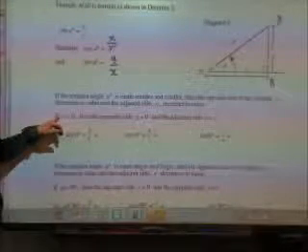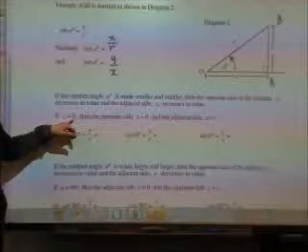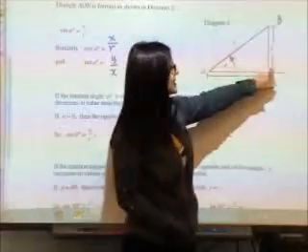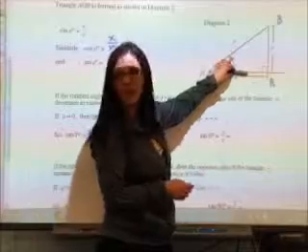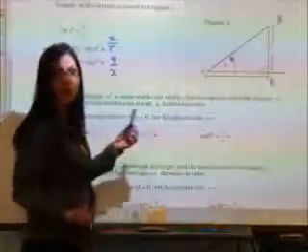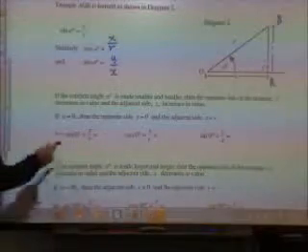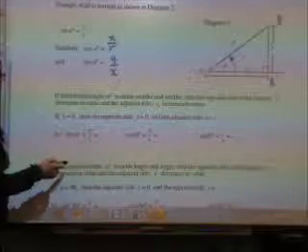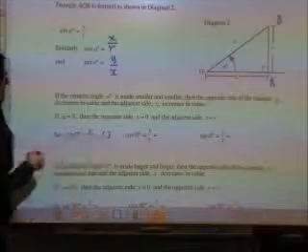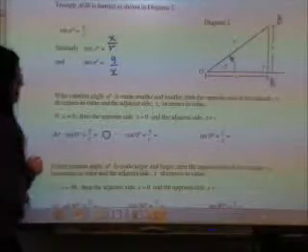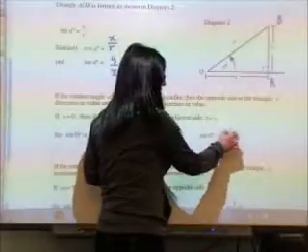So if A is equal to 0, then my opposite side would be equal to 0, because that's how I would get that 0 triangle: my value of y would be equal to 0. So in these trig functions, if y is equal to 0, this would equal 0. And this would equal 0, because y is equal to 0 in each of those.